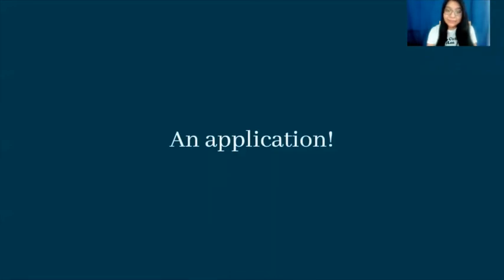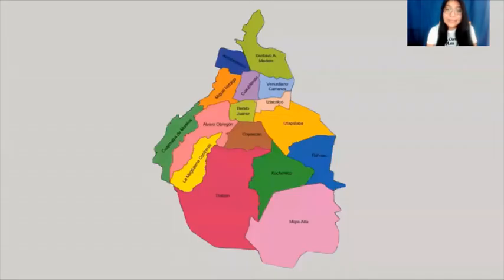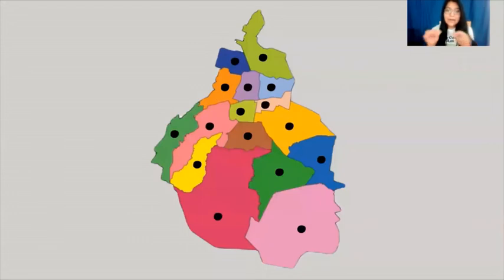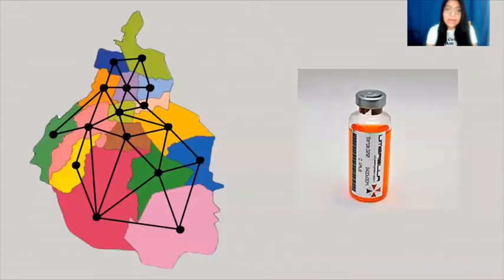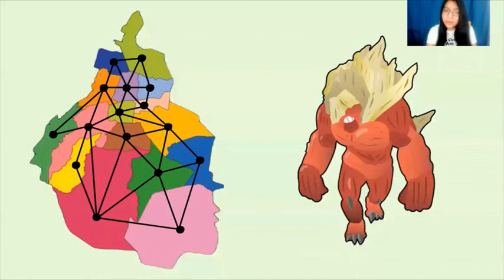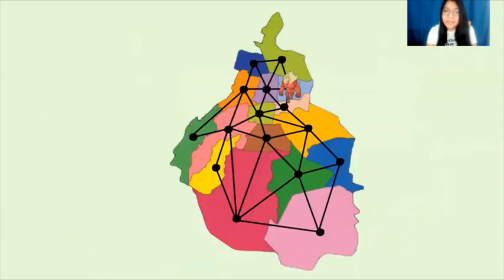Let's see an example. This is Mexico City. We place a vertex for each region, and we place an edge between neighboring regions. If a virus arrives that causes a mutation, most probably it will arrive in this region because there is an airport.